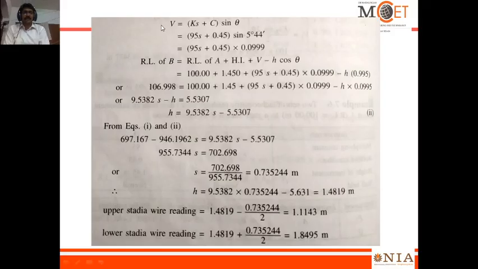And again we know the equation for V is equal to Ks plus C sin theta. In this also the S is unknown, we substitute the remaining values, right? The RL of B is equal to, already we have calculated RL of B. With respect to second instrument, RL of A plus height of instrument plus V minus H cos theta.